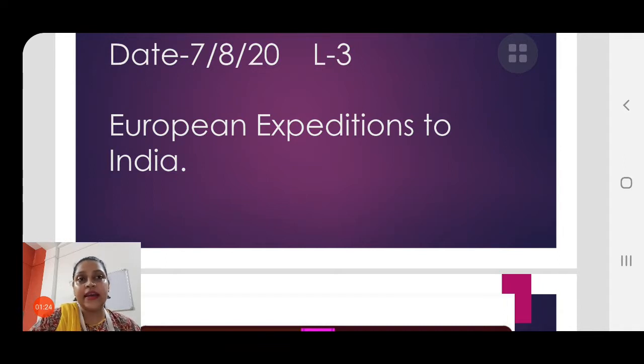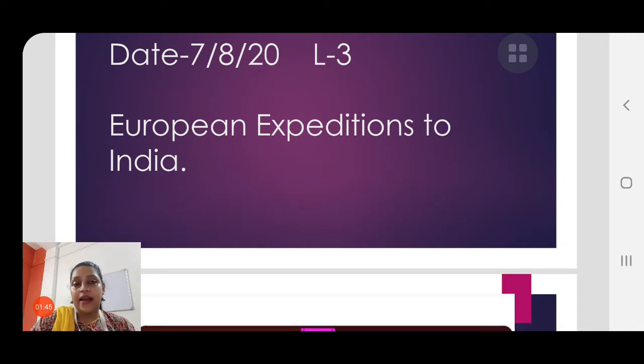Now, here two important words are there. One is European and the other is expeditions. Now, who are European? What do you mean by the word European? European means a group of people who live in the continent of Europe.